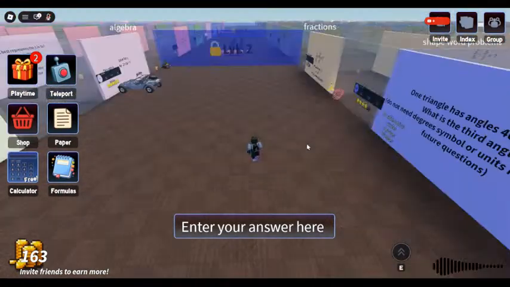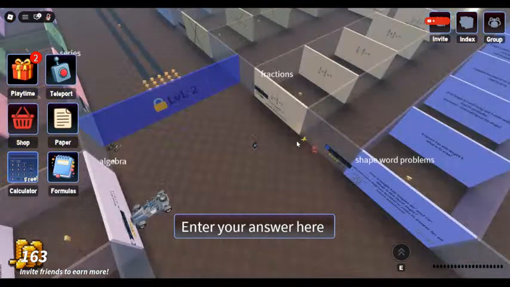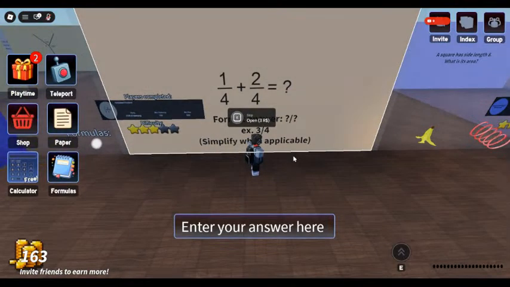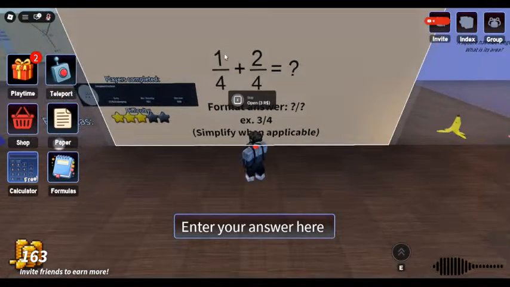Let's go try some of these questions. Okay, this one. Okay. So you're going to need to understand that in fractions you cannot add if the denominator is not equal.